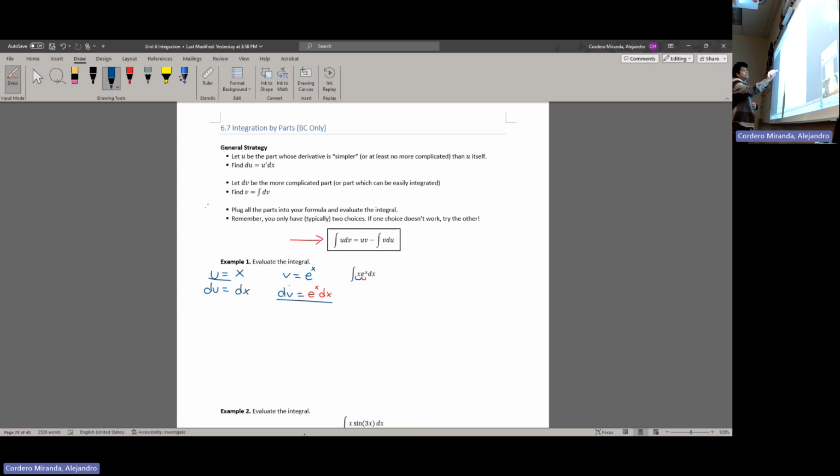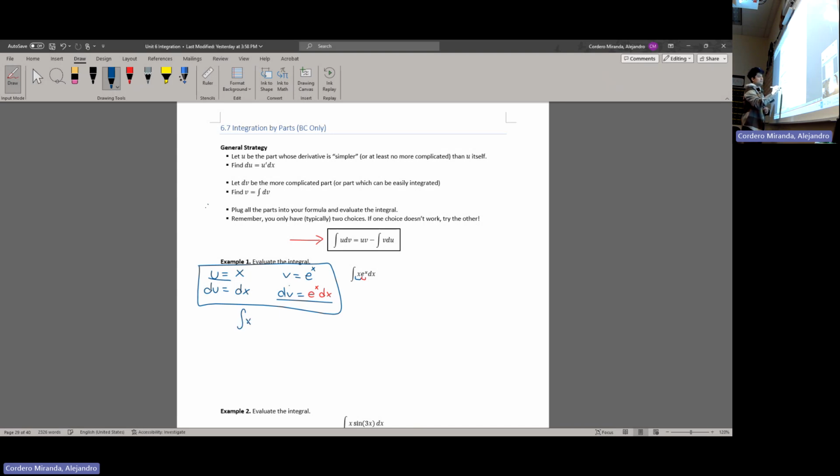Okay, and then basically you follow the formula right here that I'm circling. So in this particular case, once you choose your u and your dv, here's me following the formula.